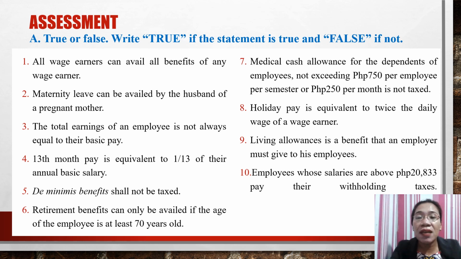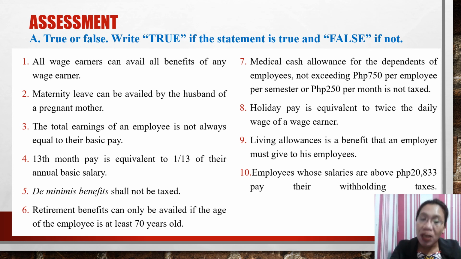7, medical cash allowance for the dependents of employees not exceeding 750 per employee per semester or 250 pesos per month is not taxed. 8, holiday pay is equivalent to twice the daily wage of a wage earner. 9, living allowances is a benefit that an employer must give to his employees.